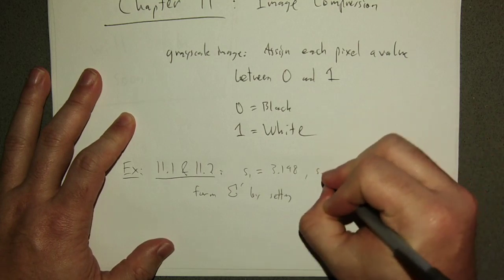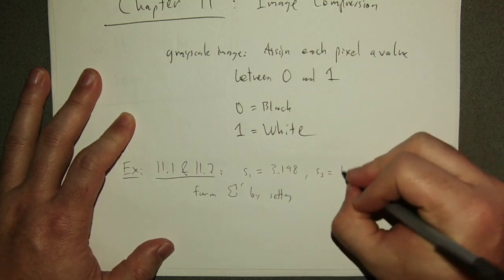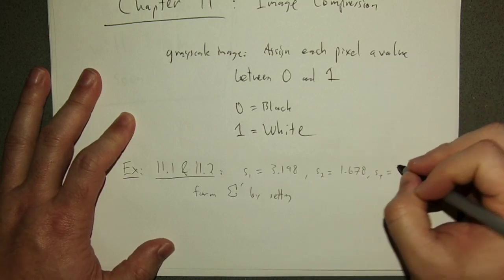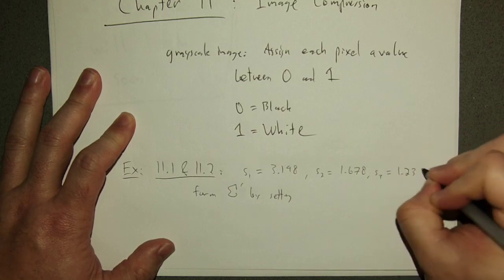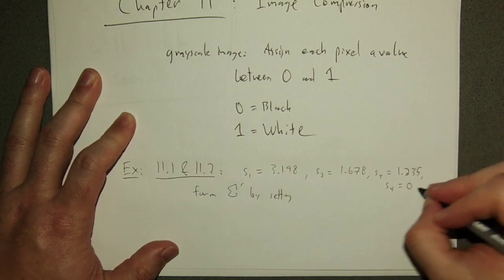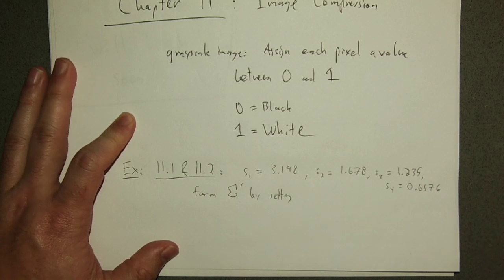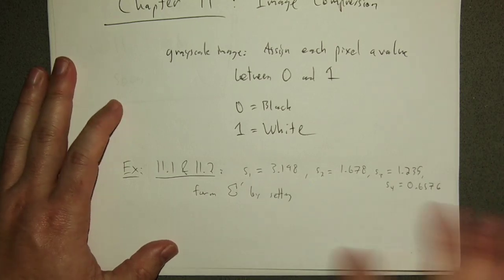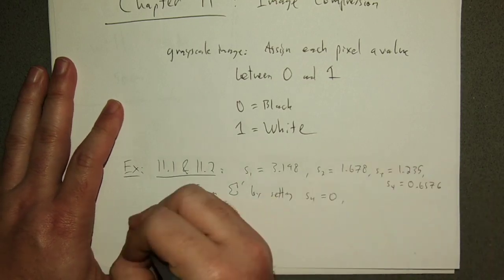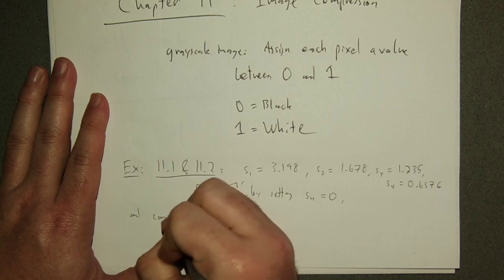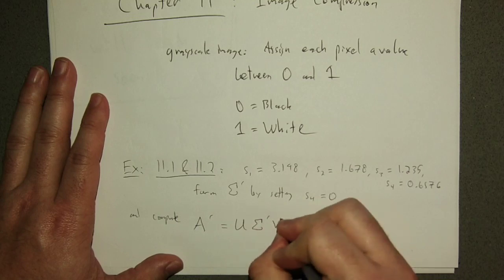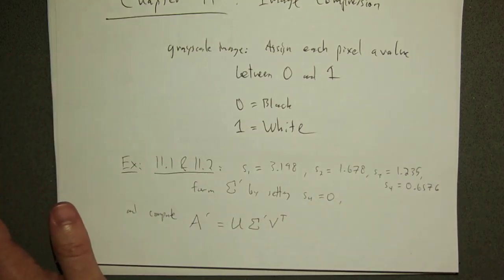So S sub 2 is 1.678. S sub 3 is 1.235. And S sub 4 is 0.6576. Okay. And so form sigma prime by setting S sub 4 equal to 0. And compute A prime, which is U sigma prime V transpose. So this is done.